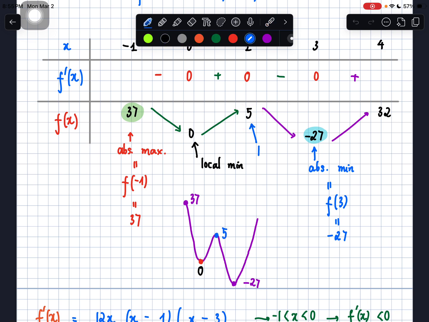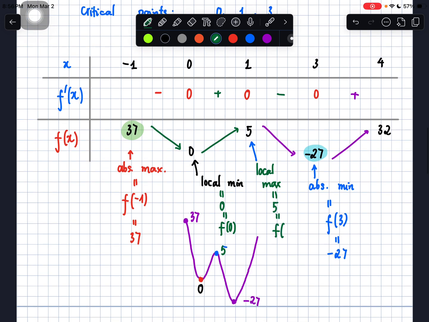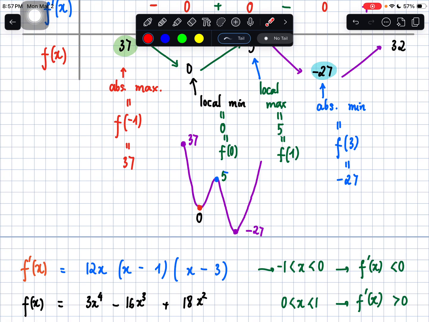Local minimum equal to 0, equal to f of 0. Local max 5, which is f of 1. And this absolute minimum will also be a local minimum.